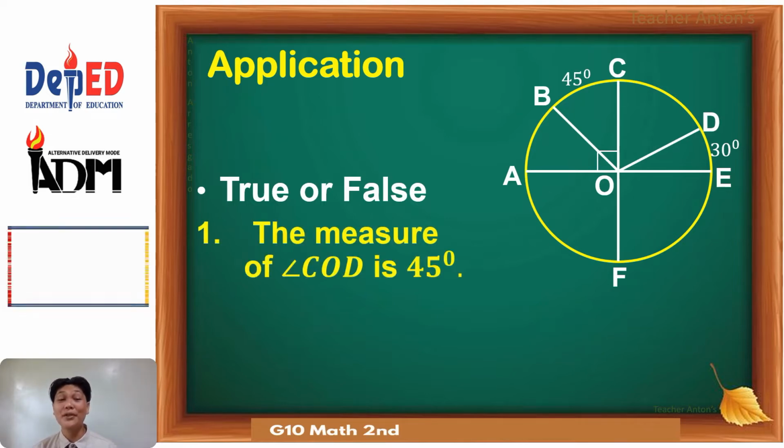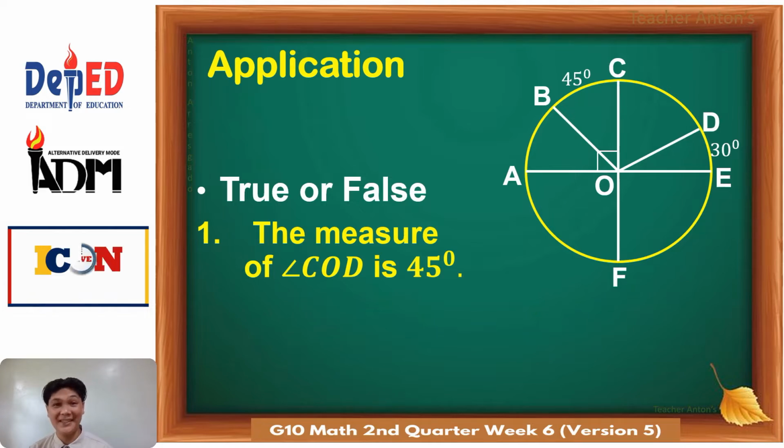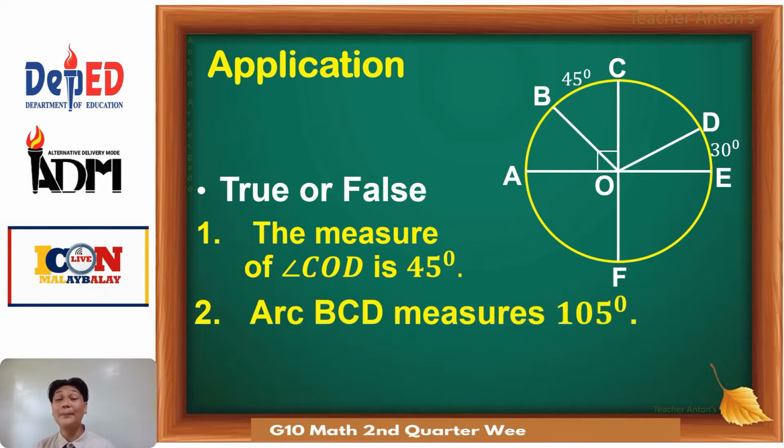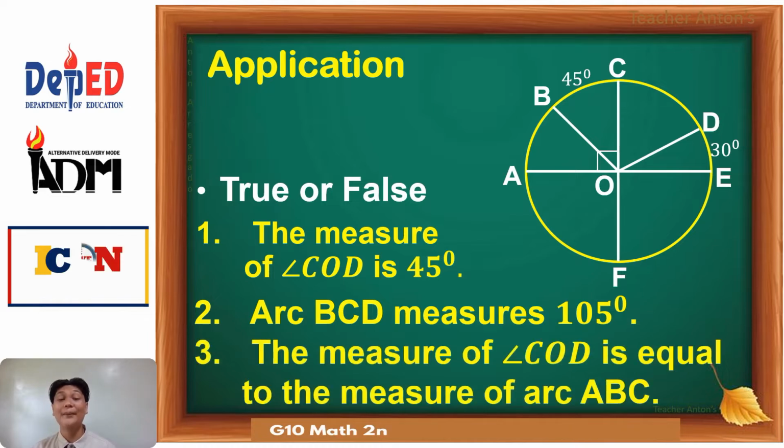Statement 1, the measure of angle COD, that is a central angle, is 45 degrees. Number 2, arc BCD measures 105 degrees. And number 3, the measure of angle COD is equal to the measure of arc ABC. Now, can you answer? Which of these statements are true and which are false?